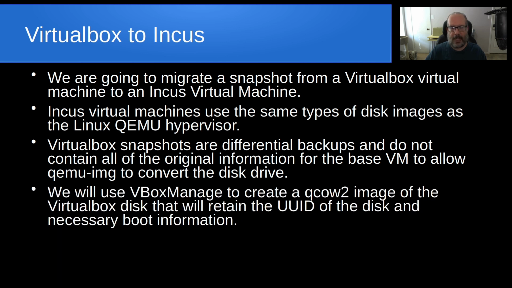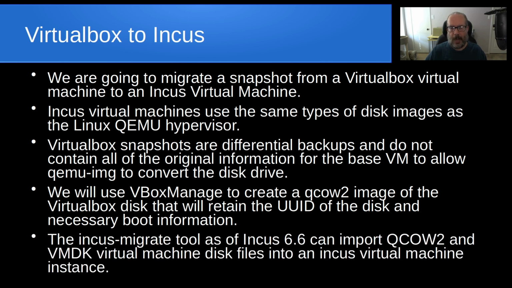So that being the case, we're going to use the vbox image command, which is a command line command that VirtualBox has, to create a QCOW2 image of the VirtualBox disk that will retain the original UUID of the VirtualBox disk, along with all of the necessary information to boot the virtual machine once it moves over to Incus.